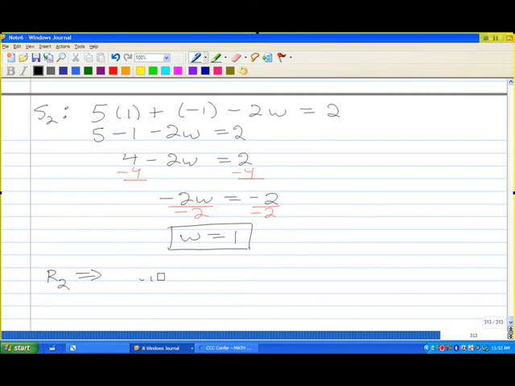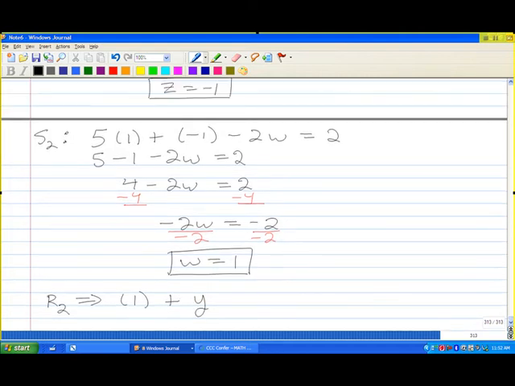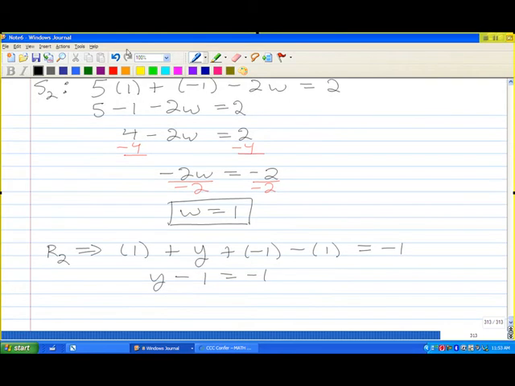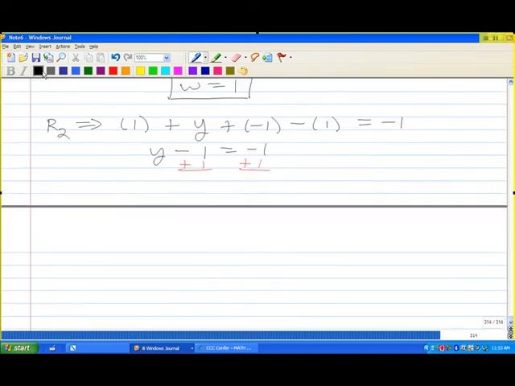Oh, we're doing R. So I have x plus y plus z minus w equals -1. And so the ones cancel, so I get y minus 1 equals -1. Add 1 to both sides of the equation. And so I have y is equal to 0.